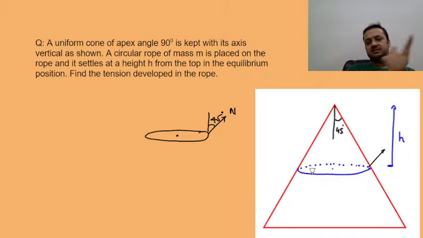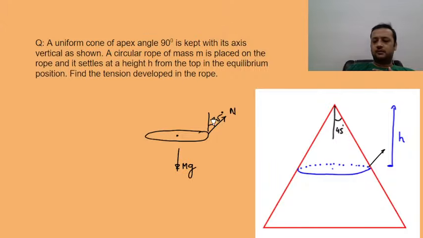If you think in three dimensions, it's a single loop, so the normal will be distributed on the whole ring, each and every part of the rope. I'm just showing it acting at one point, and mg will of course be acting in the downward direction.